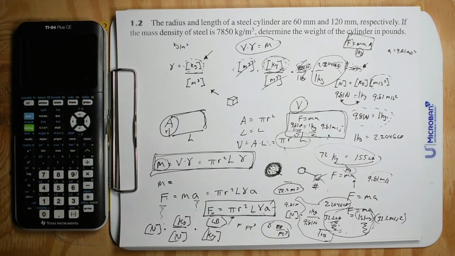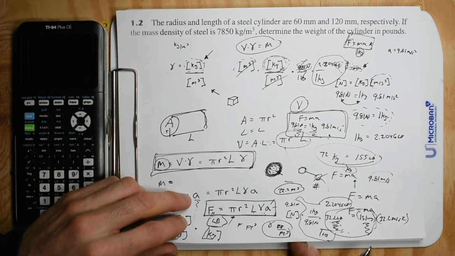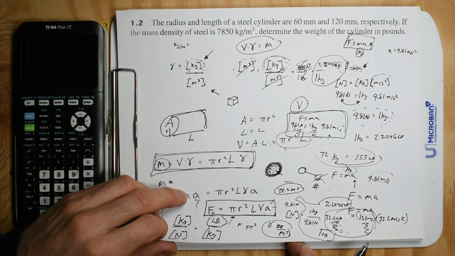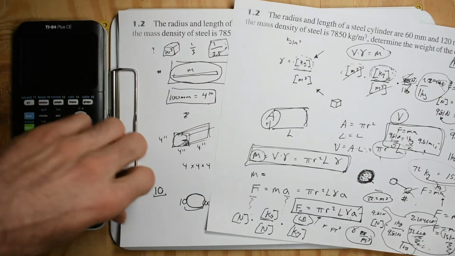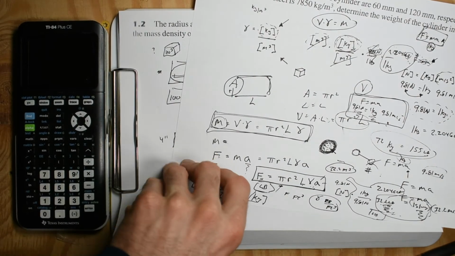So maybe we should do it that way, all in one go. That would be fascinating. And I don't even want to get another sheet of paper. I think you see what we're doing.